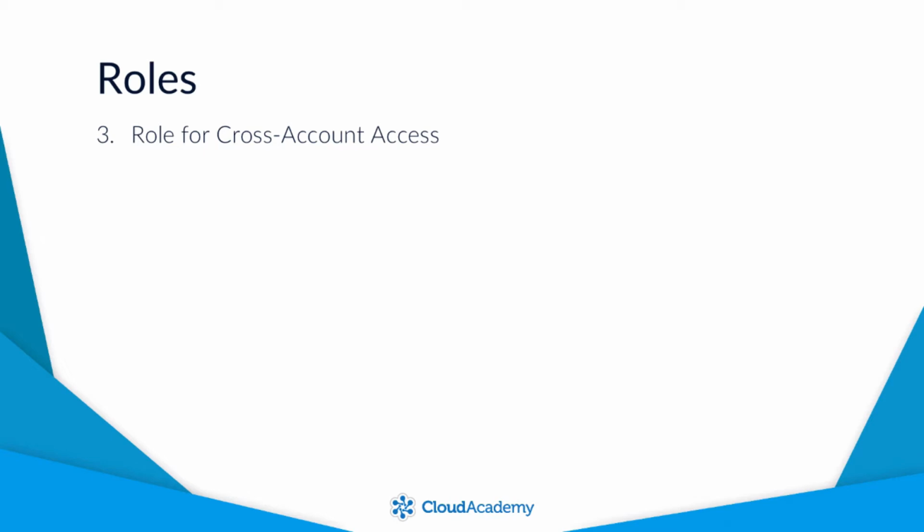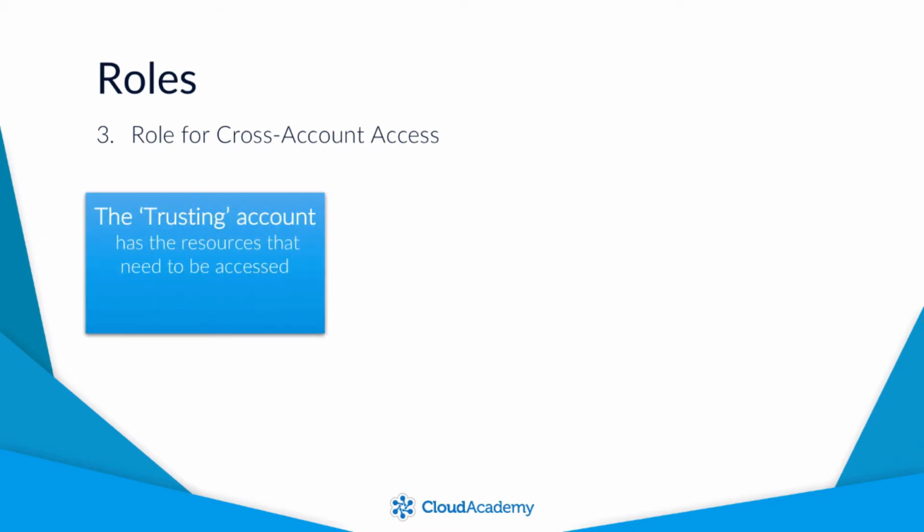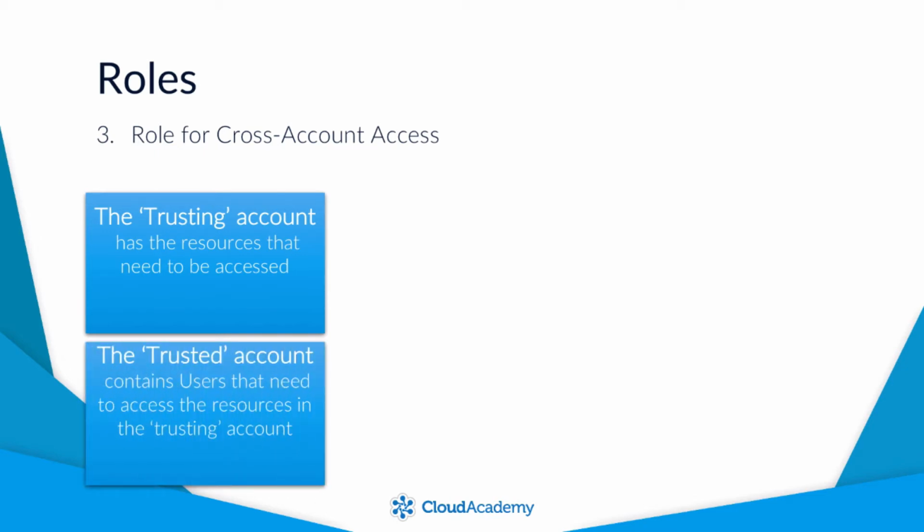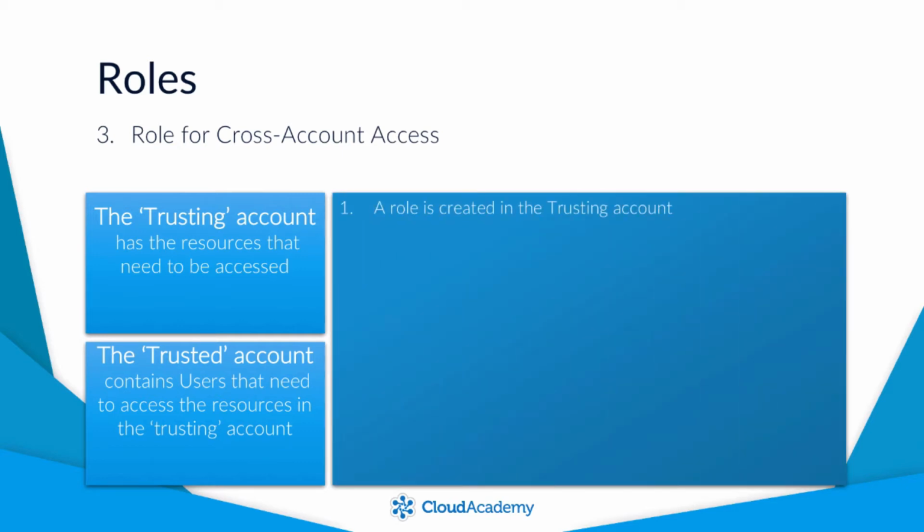At a high level, these roles are configured as follows. The trusting account is the account that has the resources that need to be accessed. The trusted account contains the users that need to access the resources in the trusting account. A role is created in the trusting account. A trust is then established with the role by entering the AWS account number of the trusted account.